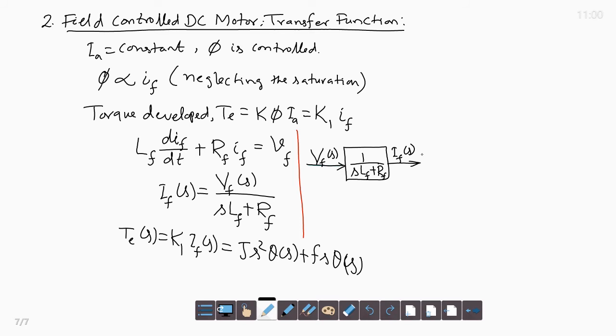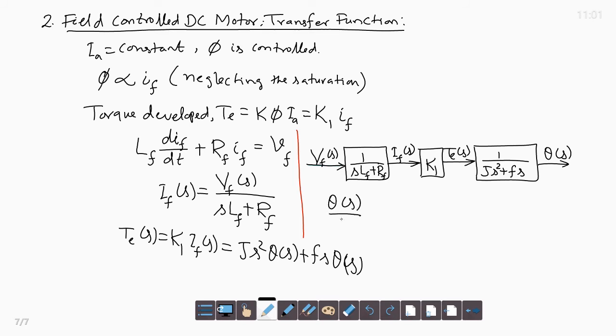Then multiply the constant K1 which we have defined above, we get the electromagnetic torque TE, its transform. Then we have the block 1 upon JS square plus FS, and we get the position transform theta S. So, this is the block diagram of the field control DC motor.